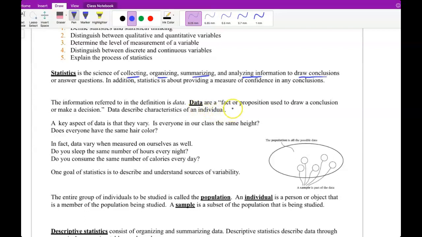Data are facts or propositions used to draw conclusions. So we're going to use all this data or information that we collected. Using this information, we can draw a conclusion, or in other words, make a decision.